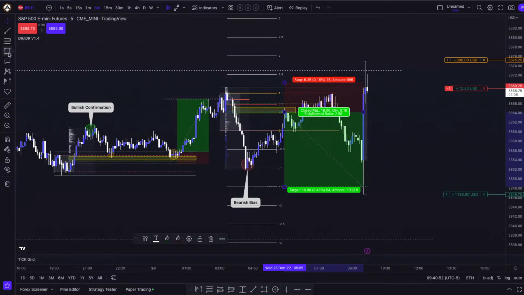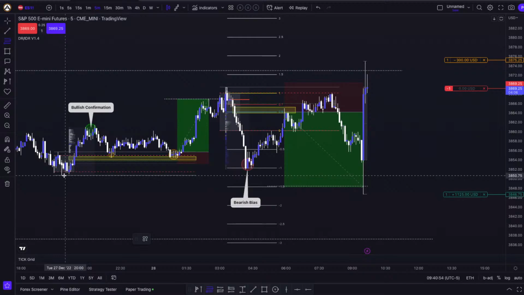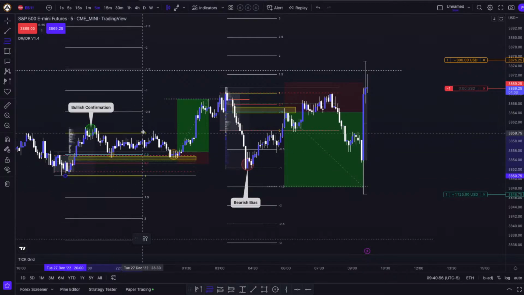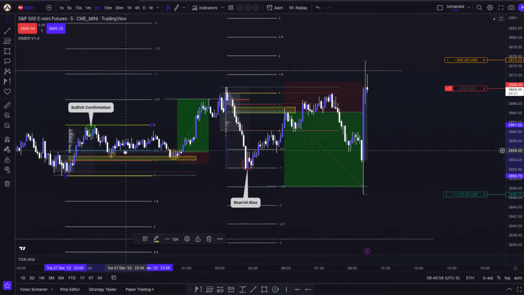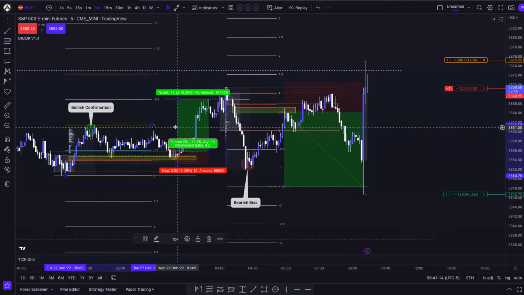This was also below the 50% level of our impulse move to the upside. So we are in a discount, looking for a long position with a bullish confirmation, with a beautiful retest of this fair value gap and volume inefficiency for a perfect hit of our 0.5 standard deviation.